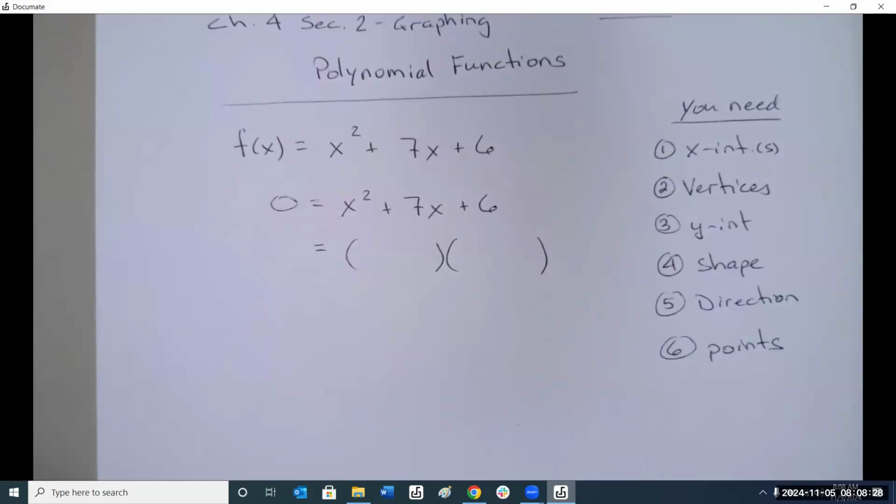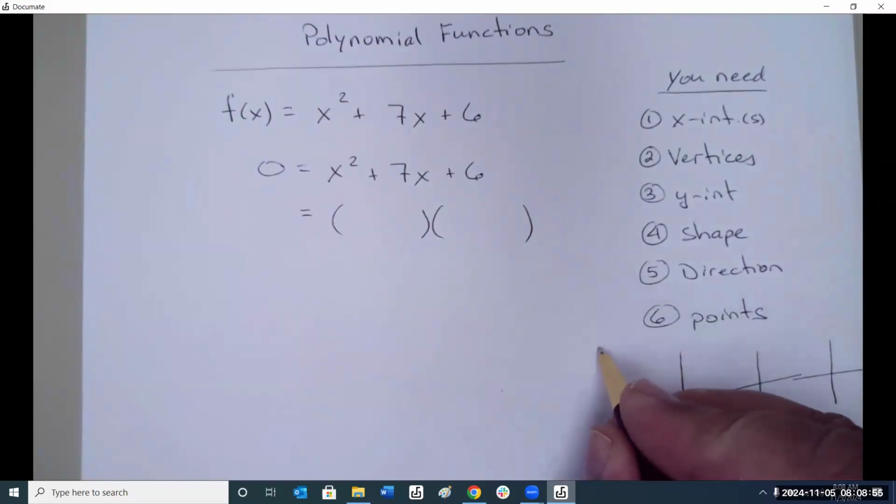Yes. What else? It's symmetrical about what?